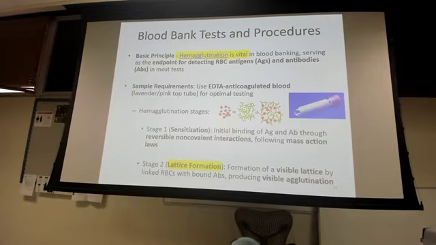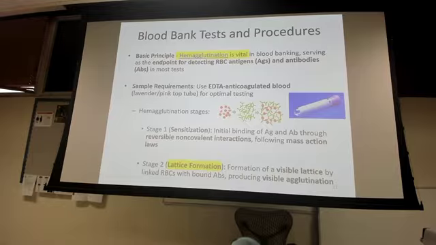All right. So the basic principle when dealing with blood banking tests and procedures is hemagglutination. This is vital. This is our endpoint for detecting RBC antigens and antibodies in most of our tests. Hemagglutination is in 2 stages. You have your first stage, which is sensitization. This is that initial bonding of antigen and antibodies through those non-covalent interactions.